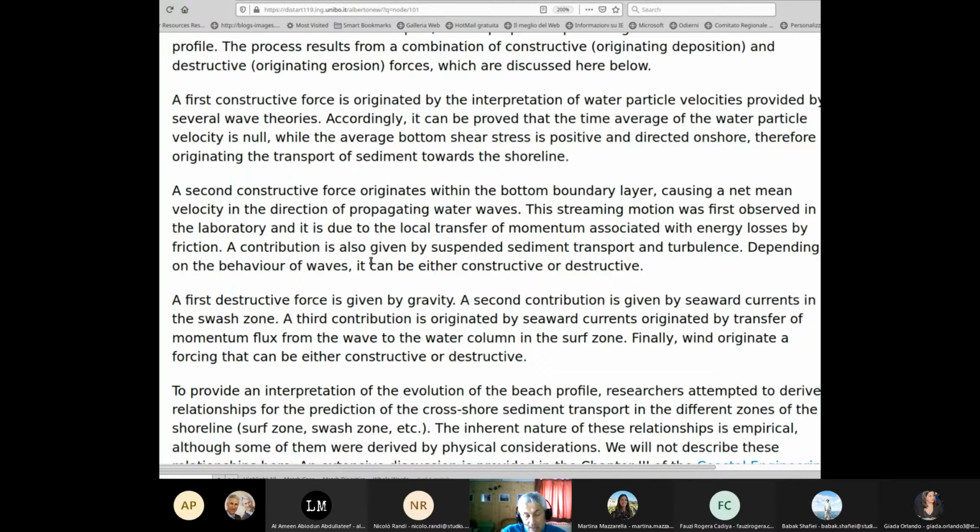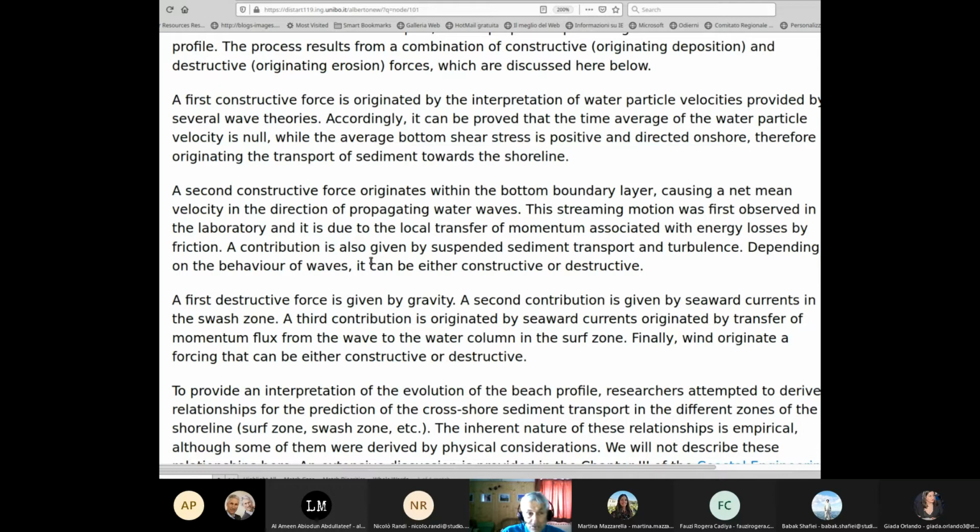The reason is that close to the bottom, where the sediments are, you have an interaction with the seabed. And in this interaction, there are some movements of fluid that are originated.